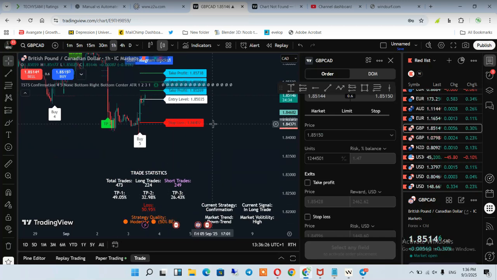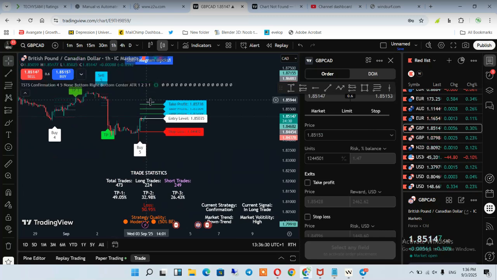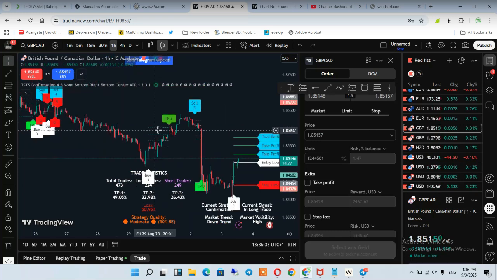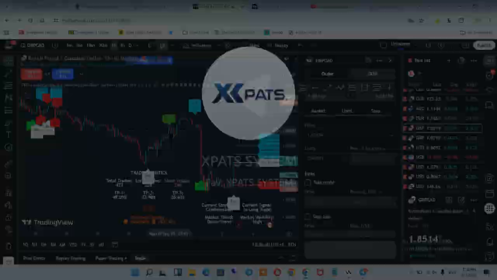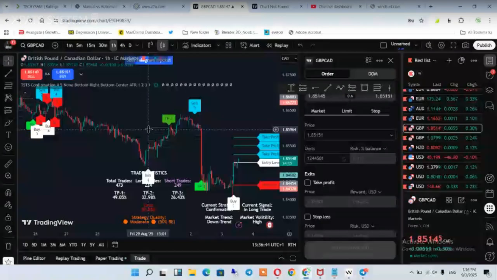Now, these are usually intraday trades, like trades that happen in a day. For instance, let me cite an example. Look at this. This one happened August 29th. September 1st, it has hit TP3. So that's like within 1 day, within 24 hours.